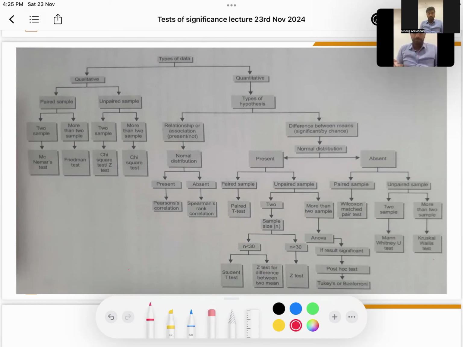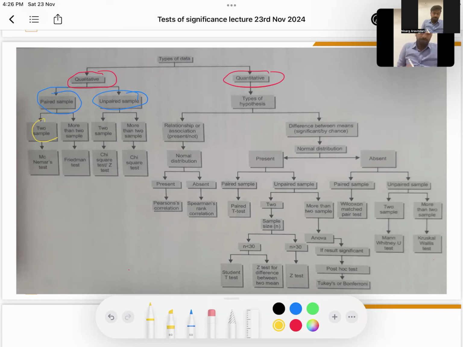Yeah. So first, what are the important things we see? I'll only underline the different categories that we get. Okay. So it can be either qualitative or quantitative. It's very clear. Next, we have to see whether they are paired or unpaired. Correct.